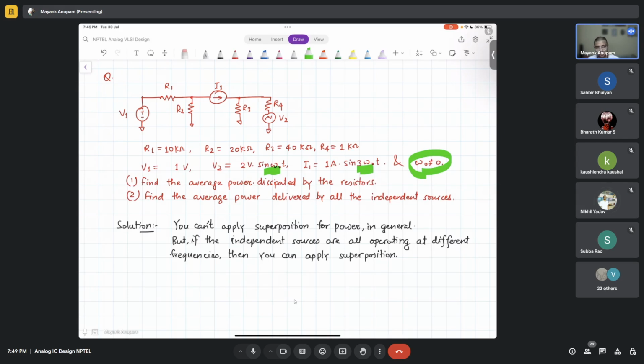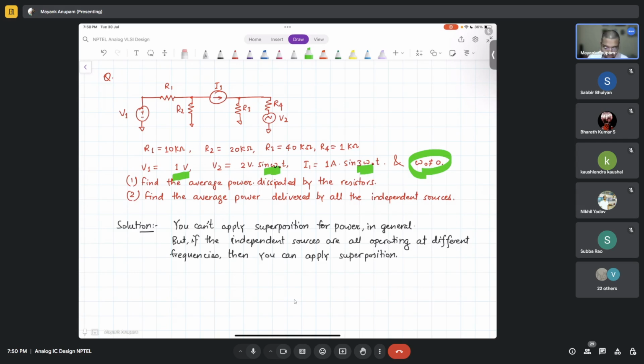Then in that case, since all three independent sources have different frequencies of operation, can you apply superposition or not here in power? We can apply, I guess. Yes, you can apply. Don't guess. It is applicable here. You can actually apply superposition in power here because all the independent sources are operating at different frequencies.